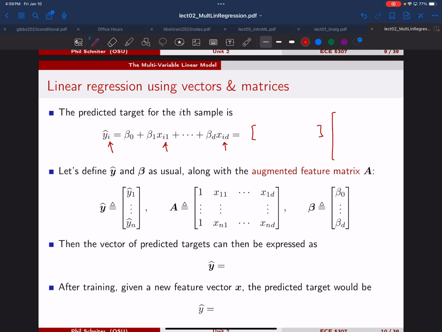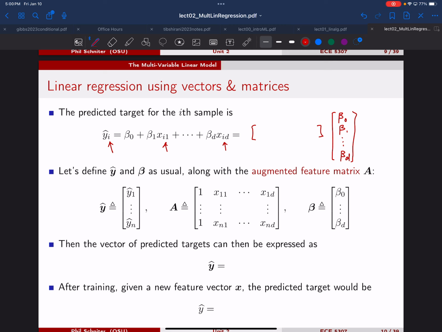What I'm going to do on the right is put beta 0, beta 1, and stack those vertically. How do I form this so that it's consistent? Let me ask, is John here? Yeah, right here. How do I fill this in here?